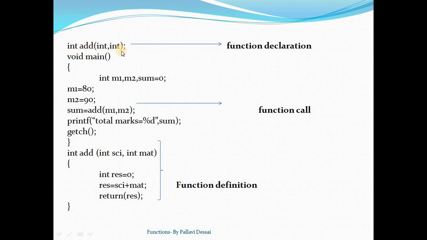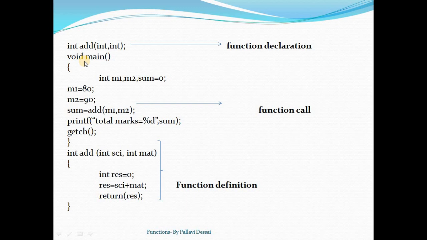So with this one statement, the C compiler will understand that the user is going to use one function whose name is going to be add. It is going to take two inputs of type integer and it is going to give an output of type integer. So this is the function declaration.